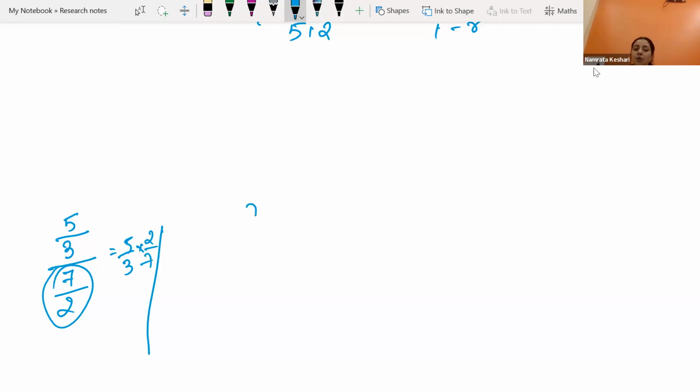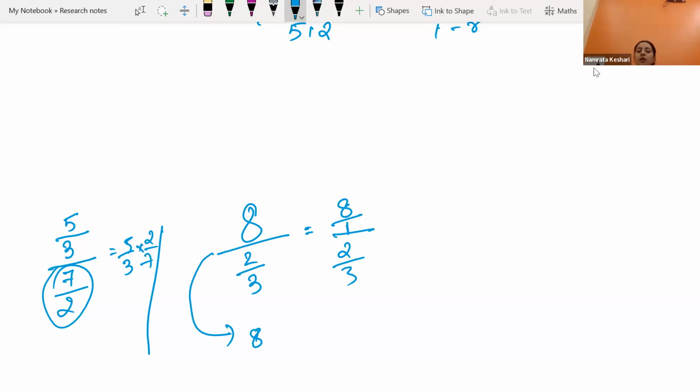If you are having a whole number by a fraction, you can make the whole number like a fraction and do it like the first one, or directly: 8 divided by 2 by 3 is 8 into 3 by 2. Either you go to the second step and then come here, or you do it directly.